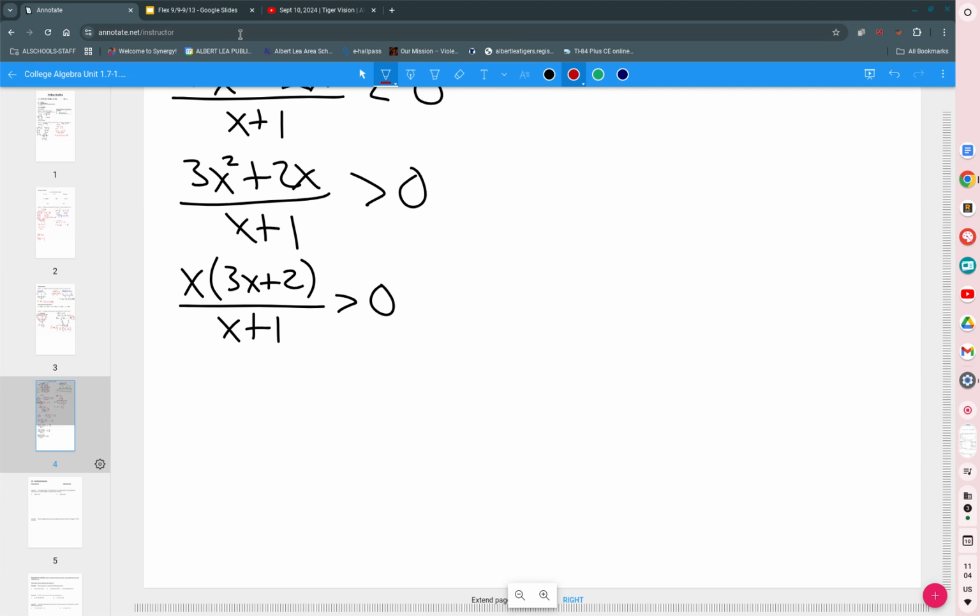So now we just go back to where we started. What numbers produce 0 for us? 0, negative 2/3, and negative 1. I put those on my number line. I'm going to start with the smallest number first, which is negative 1, and then negative 2/3, and then 0.